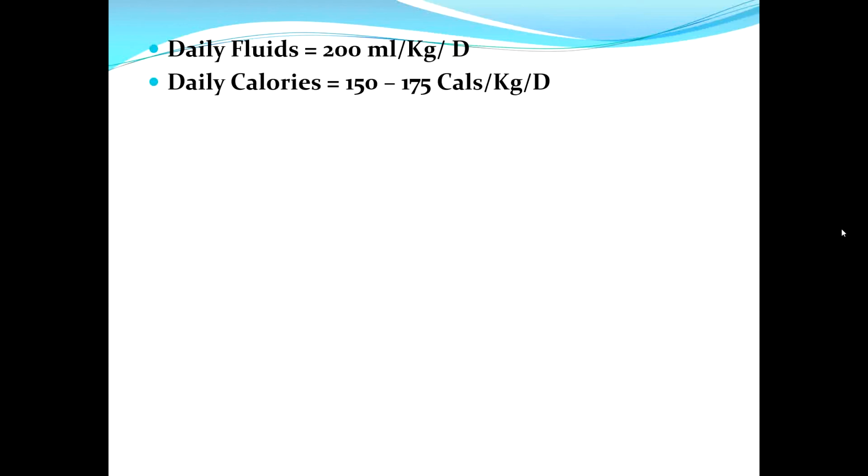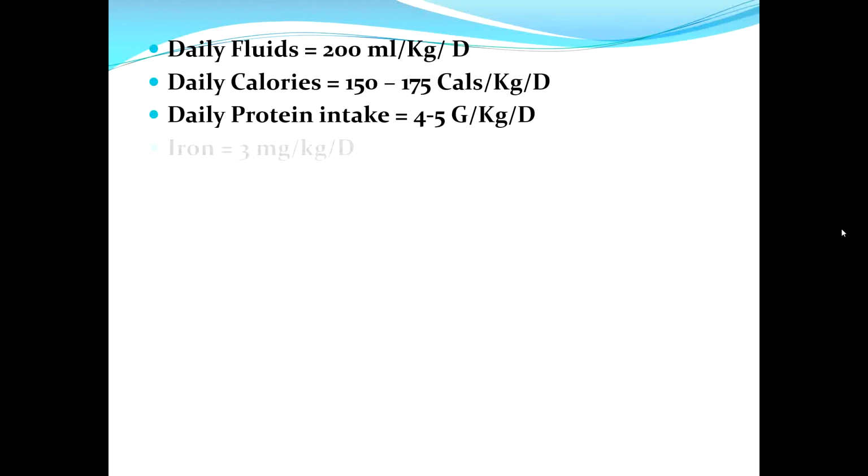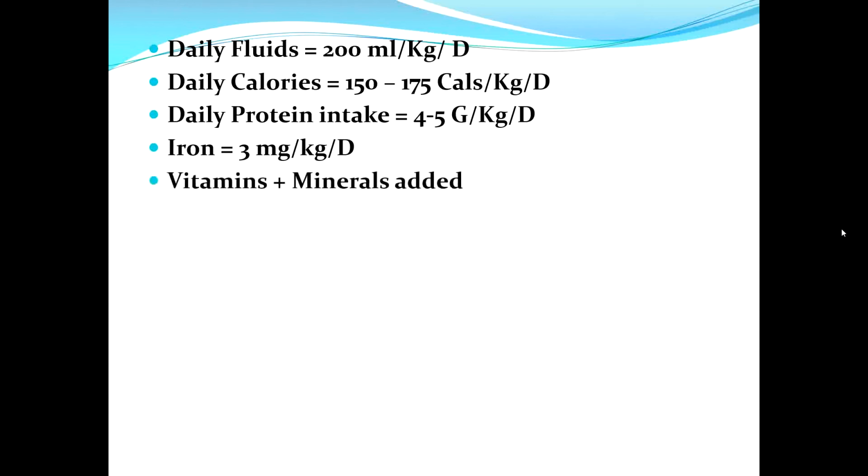In the recovery phase, the protein intake may be very high, something like 4 grams per kg per day, and iron may be 3 milligram per kg per day to cover the catch-up growth. Add double RDA in the form of vitamins and minerals and micronutrients for the needs.